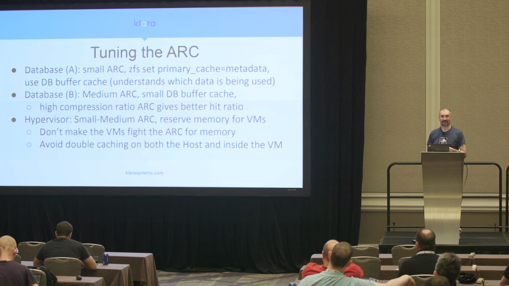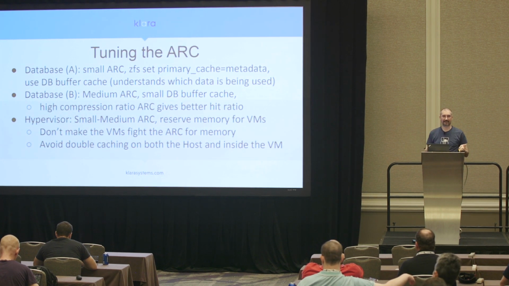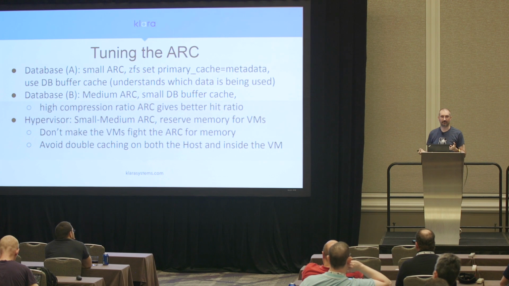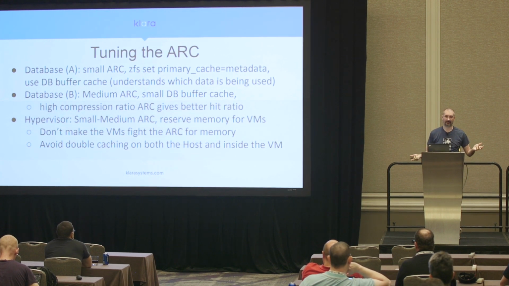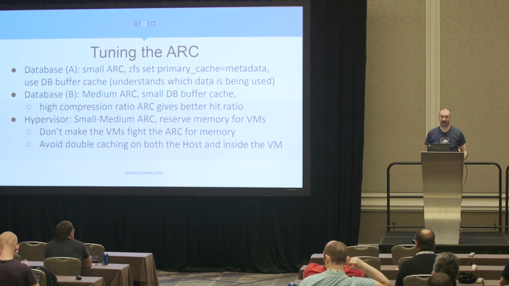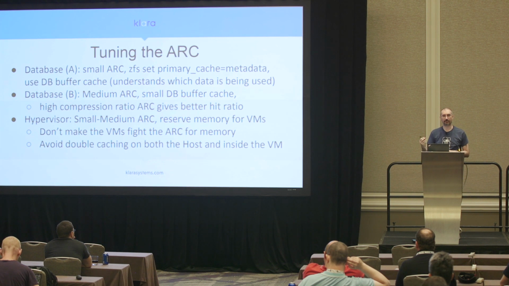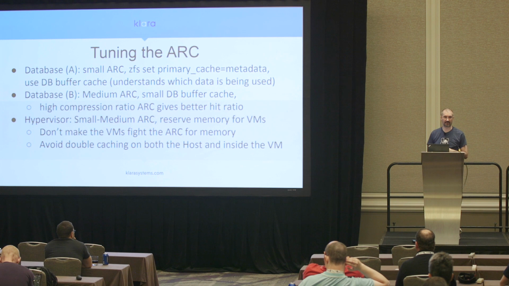Because the database actually understands which rows are still used, whereas on disk, if you delete some data in the middle of a database, it doesn't actually free that space, it just marks it as unused. And so ZFS can end up caching a bunch of empty rows that you're never actually going to access, but you have accessed before, so they were in the frequently used cache. So oftentimes, your database server's buffer cache will have better knowledge of the data and how you're using it, and can make a better decision about which to cache.